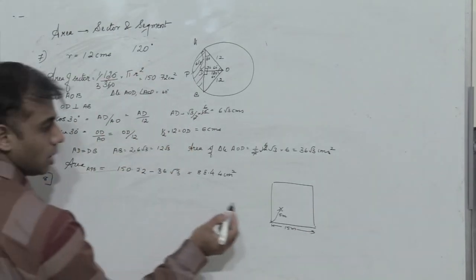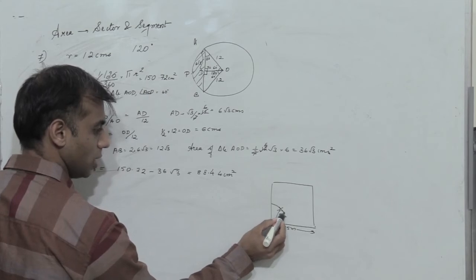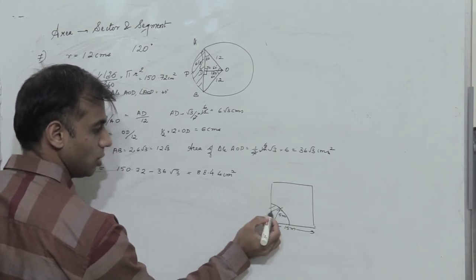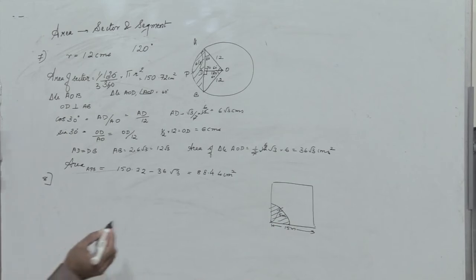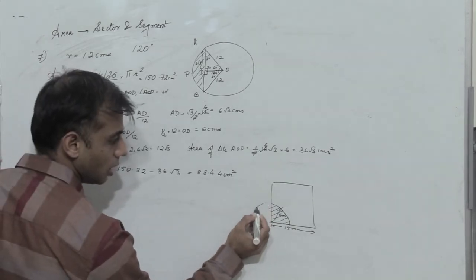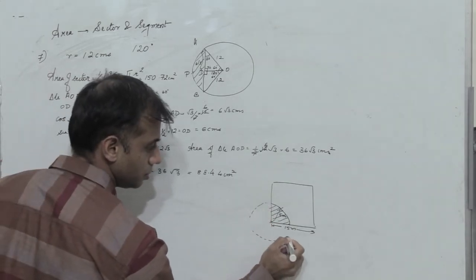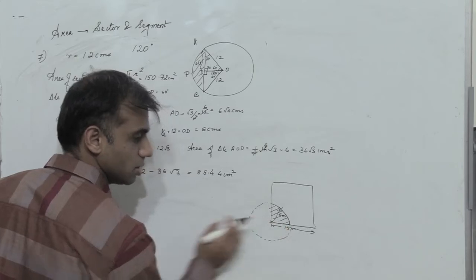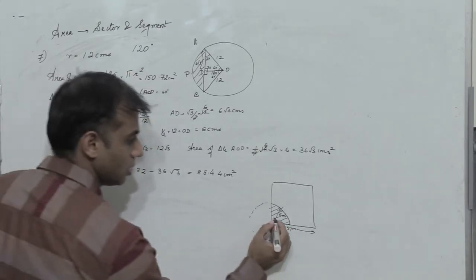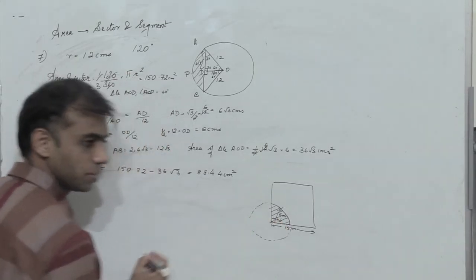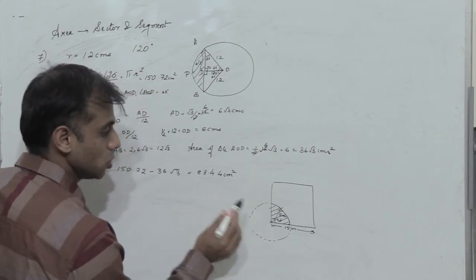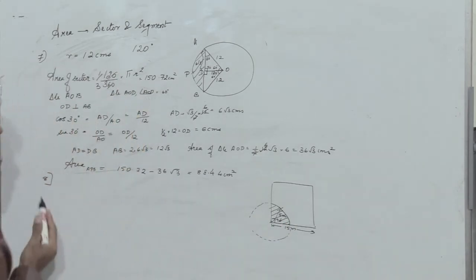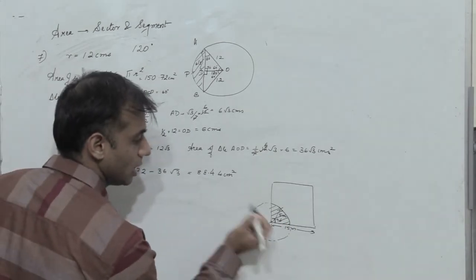So now the horse can move in this direction alone, and it can only graze in this region, right? So this can be considered as a circle having a radius of 5 meters, and this angle of course is 90 degrees. So we need to find the area where the horse can graze. So we need to find the area of the sector where the angle is 90 degrees.